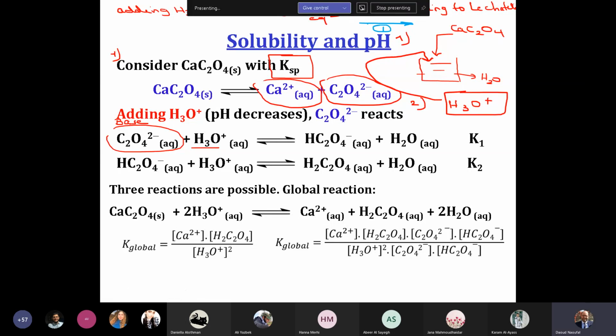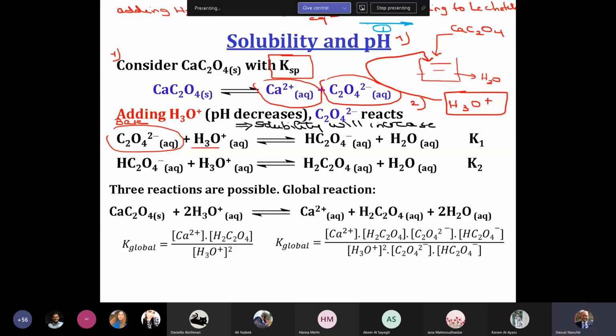What is the meaning of the equilibrium shifting in direction 1? That means adding H+, C2O4 2- reacts and decreases, the equilibrium shifts in direction 1, which implies the solubility will increase. This is qualitative. If you have multiple choices, such as the solubility remains the same, the solubility decreases, the solubility increases, or none of these answers, you can qualitatively know the answer: the solubility will increase.